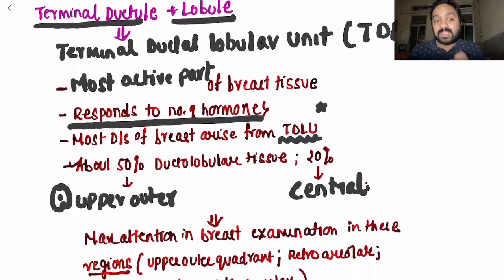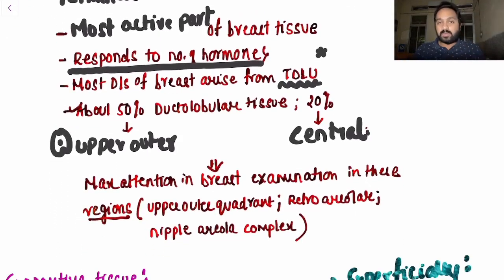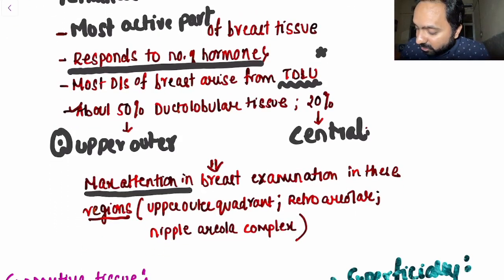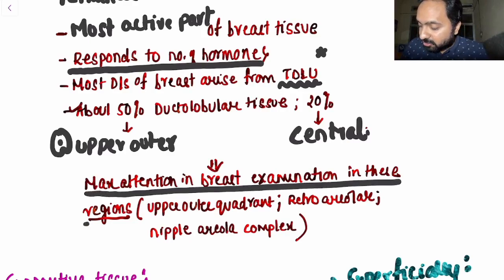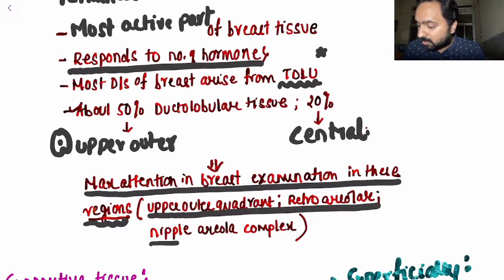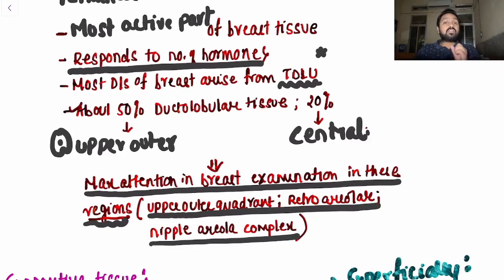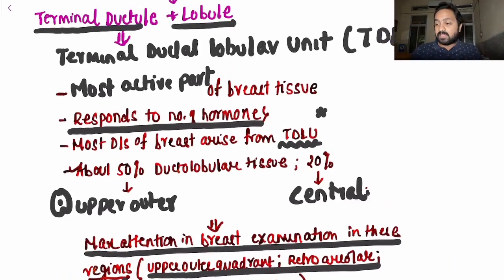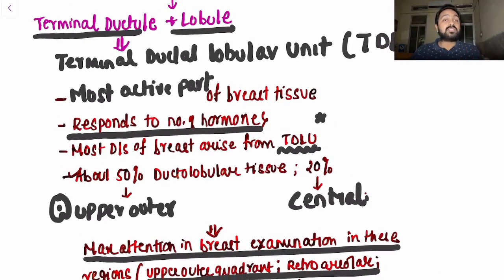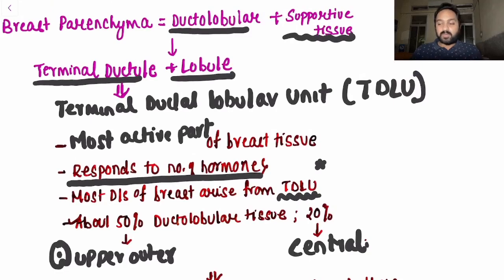So we get a very important MCQ over here. The maximum attention in your breast examination should be given in these regions, that is your upper outer quadrant, retroareolar region and your nipple areolar complex. So this is the importance of the terminal ductal lobular unit.